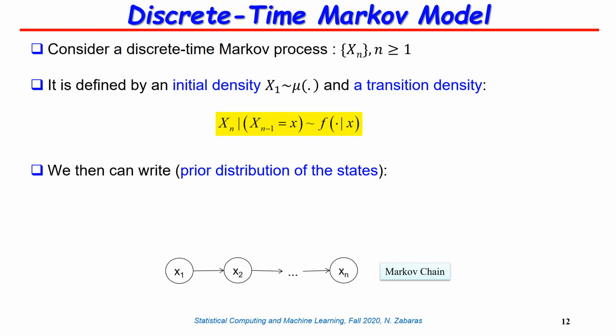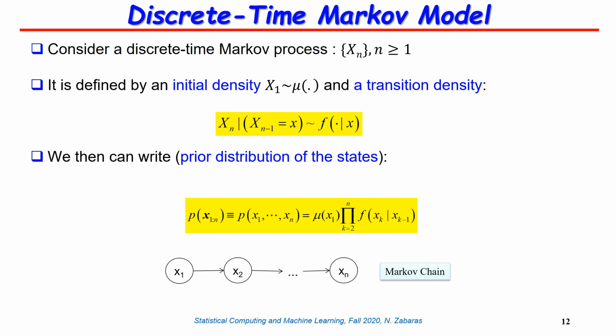So for this Markovian model, I can write the prior distribution of the states with this equation. Let me introduce the notation here. When you see bold x with subscripts 1 to n, this implies x1, x2, up to xn. So it's the joint distribution of all the states in the chain up to time n. All right, so this is p of x subscript 1 to n.